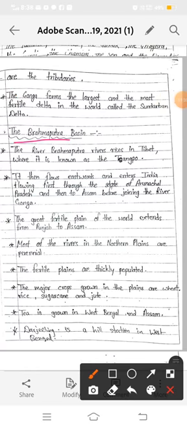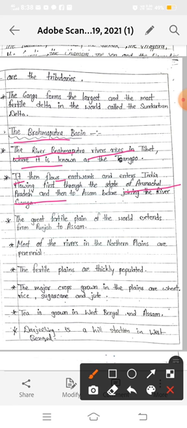The Brahmaputra basin. Now we will read about the Brahmaputra basin. The river Brahmaputra rises in Tibet, where it is known as the Sangpo. It rises in Tibet from the Mansarovar lake. Then it flows eastwards and enters India, flowing first through the state of Arunachal Pradesh and then to Assam before joining the river Ganga.